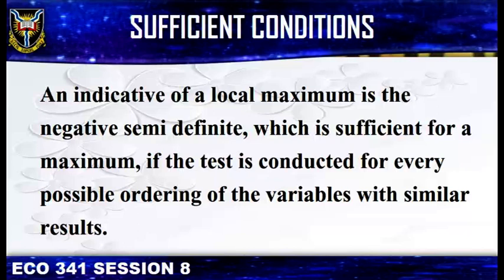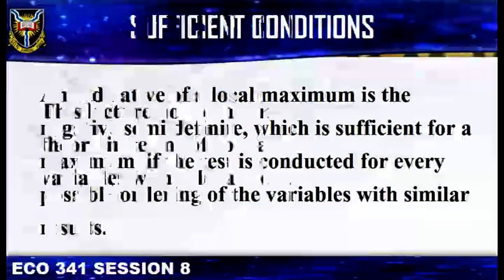Thus, since both discriminant tests are negative semi-definite, the objective functional f is jointly concave in x and y. Given that the constraint is linear, it is also jointly concave and does not need testing. Therefore, we conclude that the functional is indeed maximized.